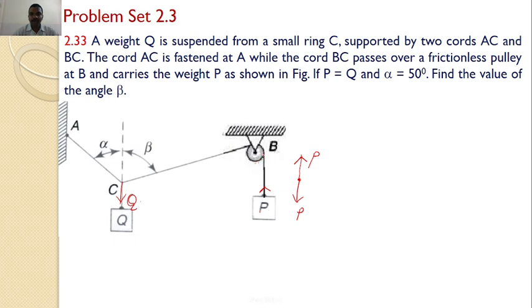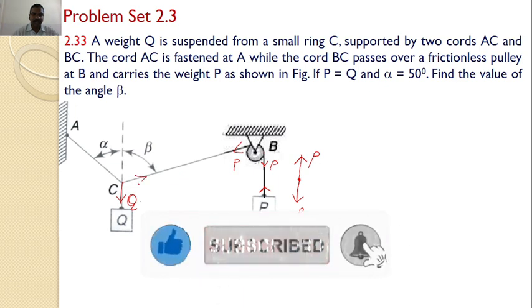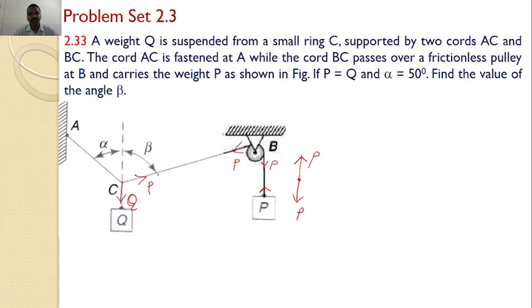When you are looking from point B, the same force P acts like this. Since entire CB is a string, when you are looking from point B, and if you consider this portion of the rope, the force will act like this, and when you are looking from point C, it is away from point C and the magnitude of the force is P.